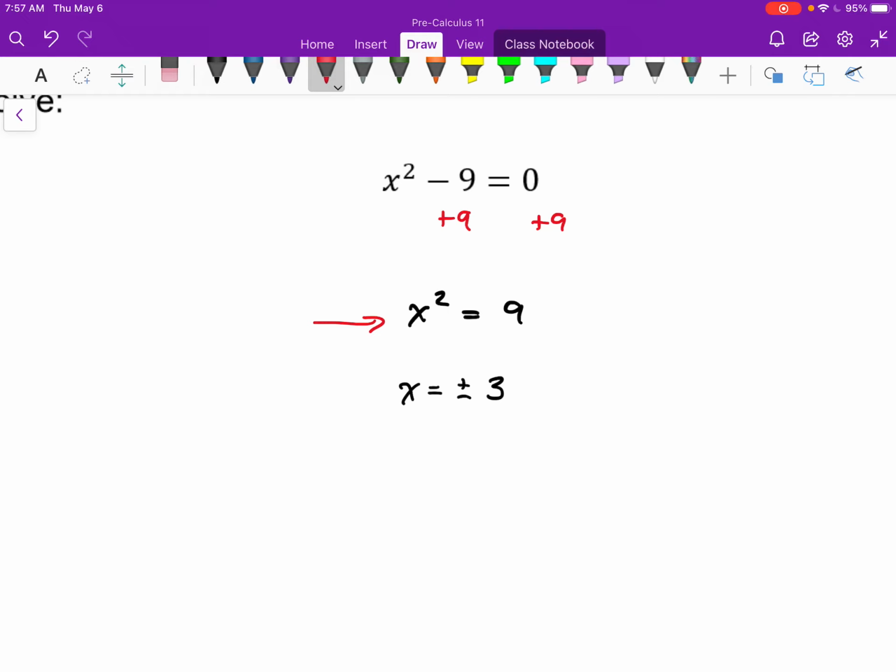So as soon as I go from here to here, I have to realize that if x squared equals a positive number, there are going to be two solutions, a positive and a negative.